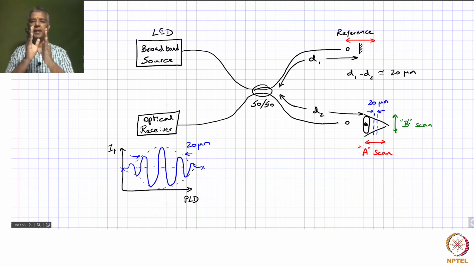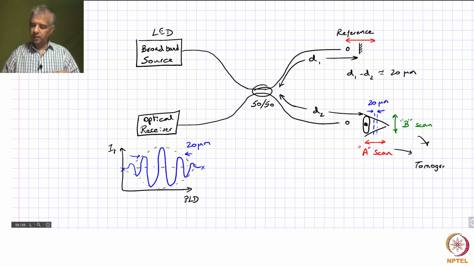So you basically take slices of these images of the eye, and that together is a tomography. Tomography is basically taking all these slices and stitching them together to get a three-dimensional view, because B scan is giving you a 2D and A scan is giving you a 1D, that's along the depth.